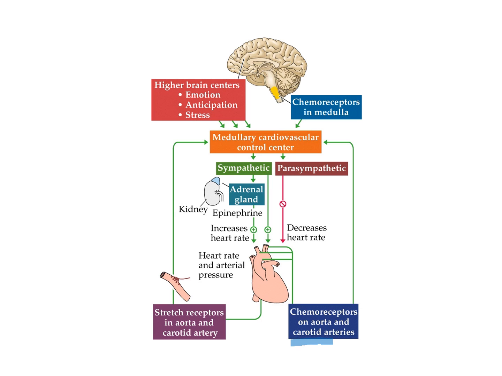So there are chemoreceptors, and they are responsive to PO2 and PCO2, the partial pressure of oxygen in the blood and the partial pressure of CO2 in the blood. You have baroreceptors, as you already know, and they're responsive to blood pressure, and they're sending sensory information into the central nervous system, into the cardiovascular control centers of the medulla.